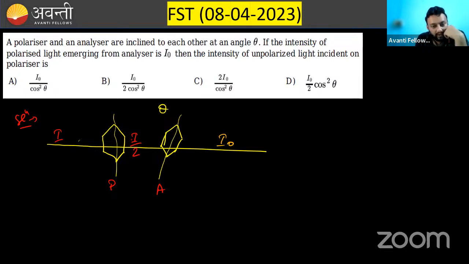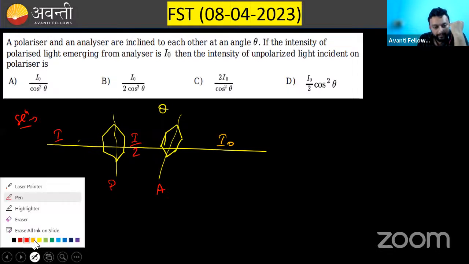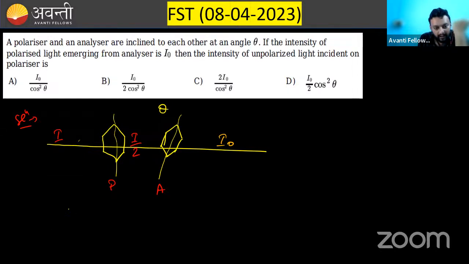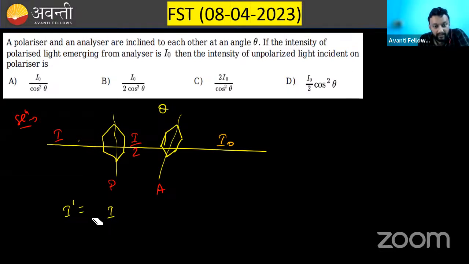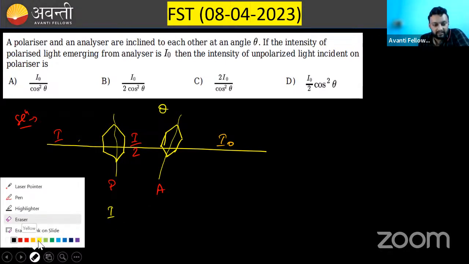And when this polarized light passes through the analyzer, the intensity of light is given by I dash is equals to initial incident intensity into cos square theta. I am writing the formula, so don't think that I have placed the values.